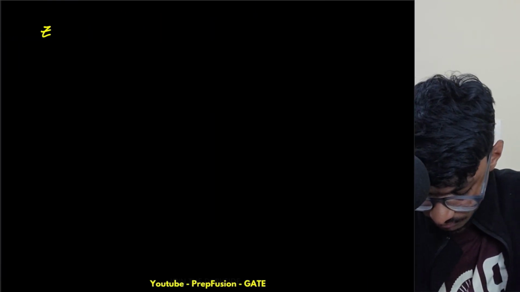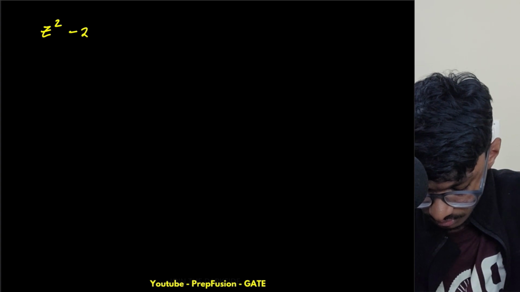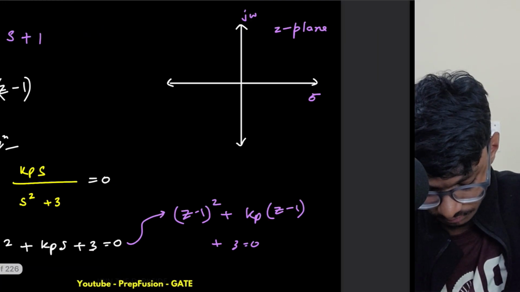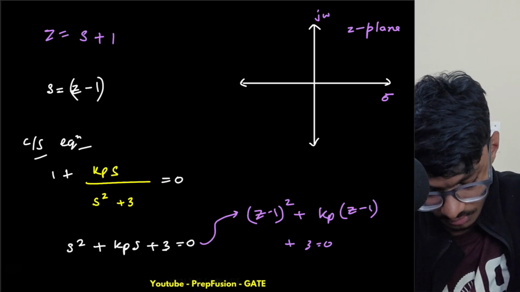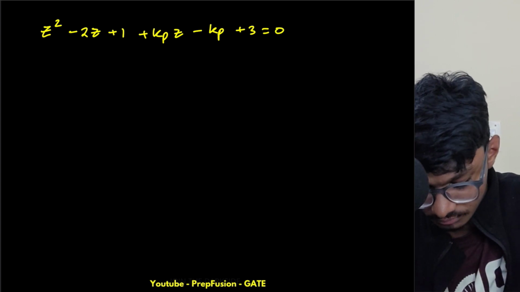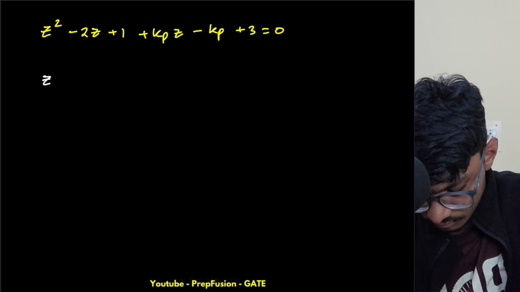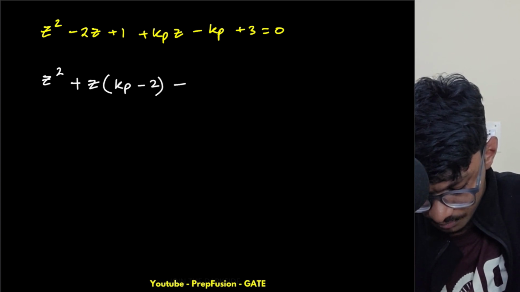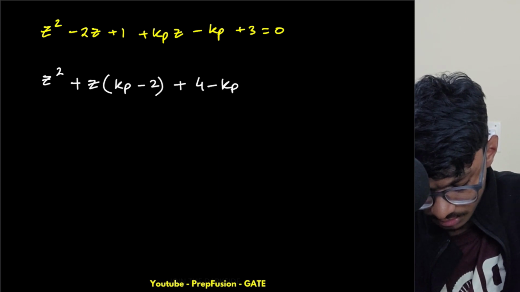This becomes z square minus 2z plus 1 plus Kp z minus Kp plus 3. So this will be z square plus z (Kp minus 2) plus (4 minus Kp) equals 0.